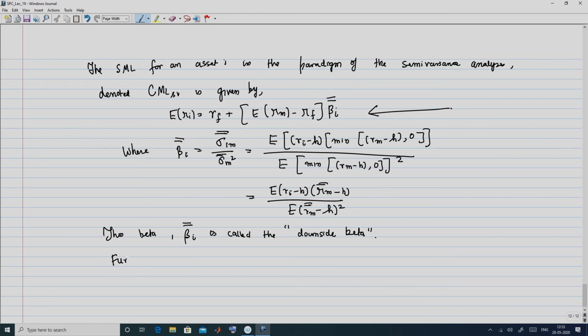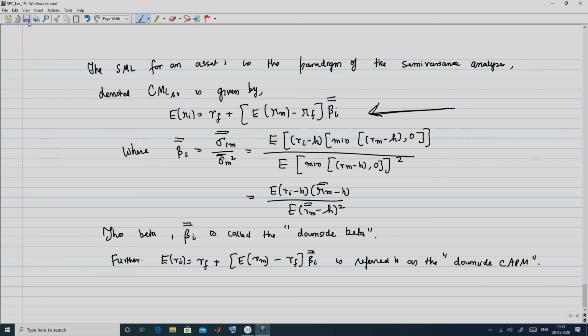So, further what we can write is that this relation that we had, E of Ri is equal to Rf plus (E of Rm minus Rf) into beta I double prime. This relation that we have derived here is referred to as the downside SML or as the downside CAPM. Remember, CAPM is synonymous with SML.